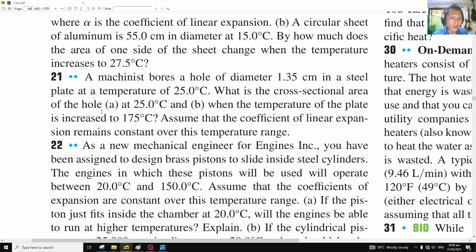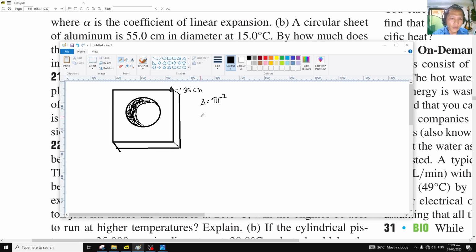So at 25, where do you put the temperatures? There is no change in temperature yet. So you can definitely calculate the area to be pi r squared. If the diameter is given, that would be pi over 4 times the diameter squared, with your 1.35 centimeter diameter. Because diameter over 2 squared gives diameter squared over 4.